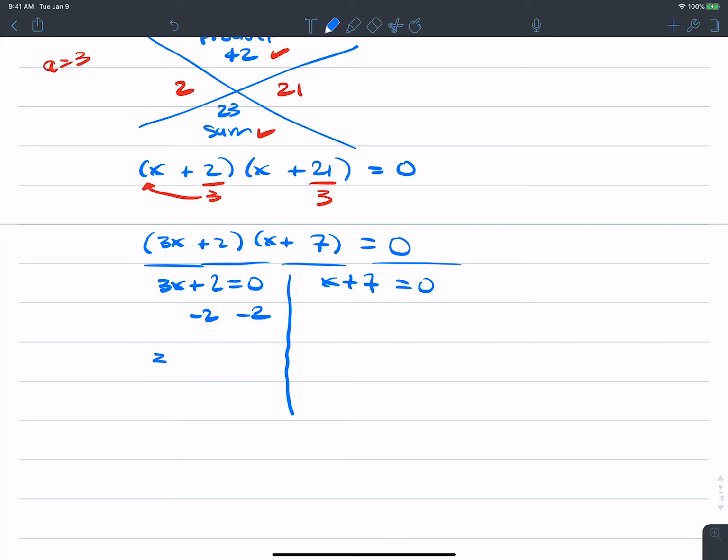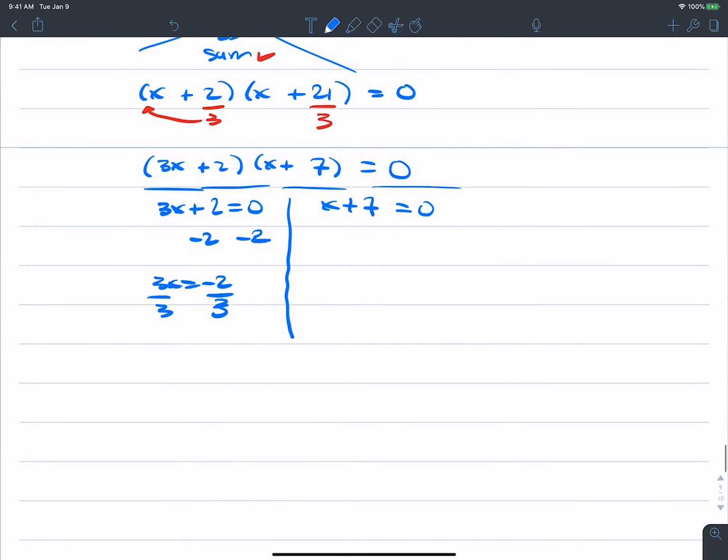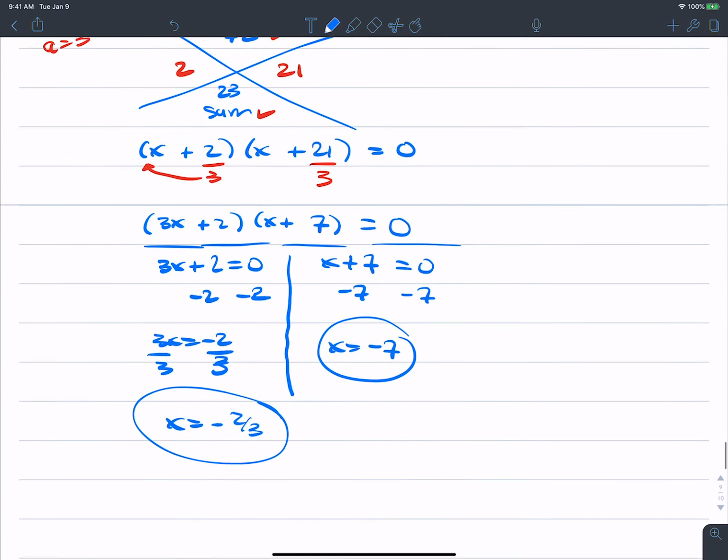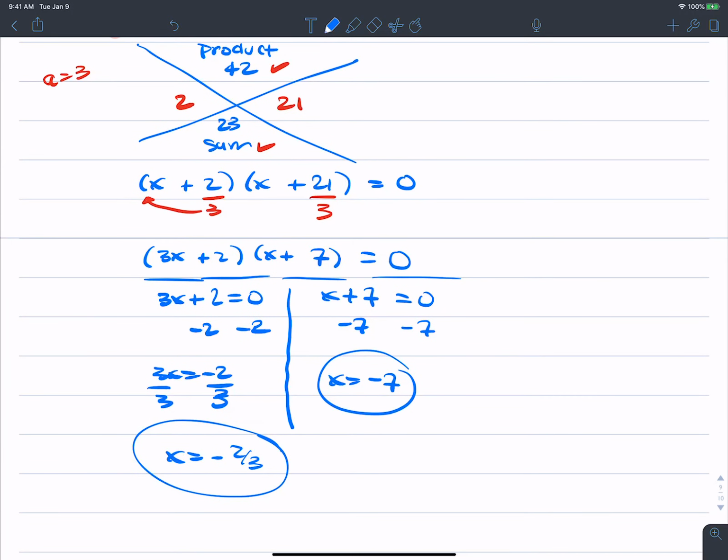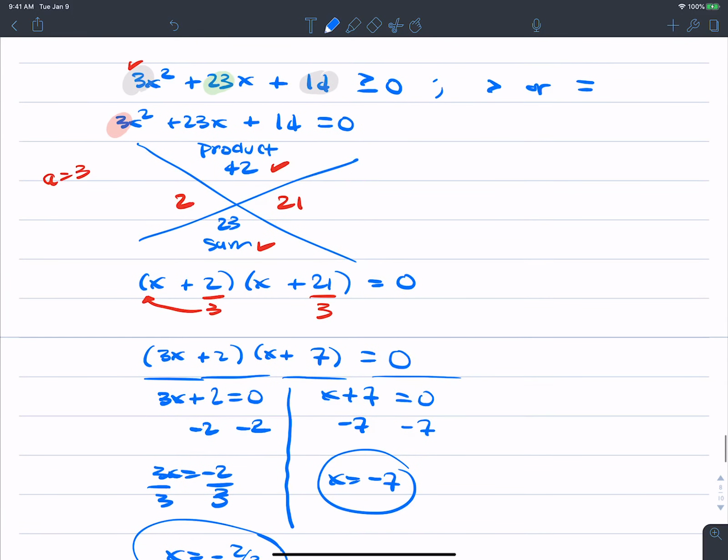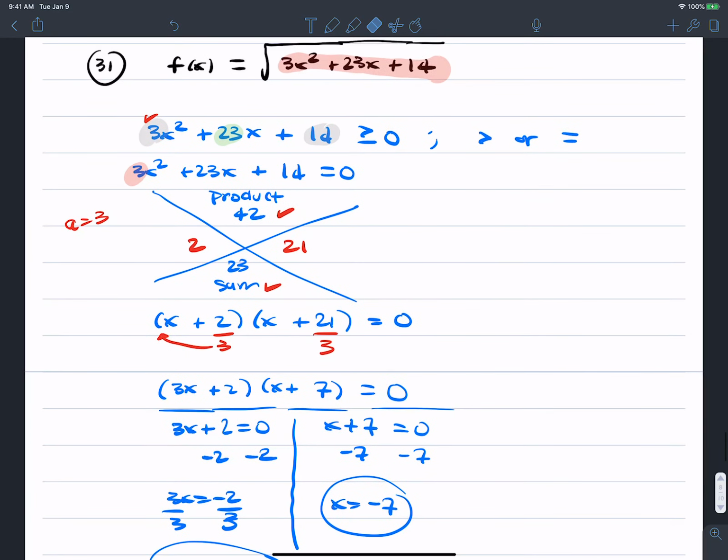Subtract your 2, we get 3x is negative 2, divide by 3, and we end up getting x is negative 2/3. Here's my first solution. Subtract 7, and we get x is negative 7 here. So we're going to put this on our real number line here. Let's go back.